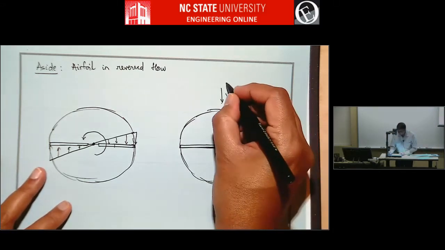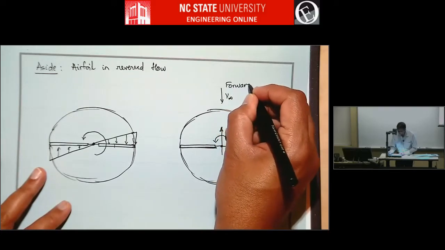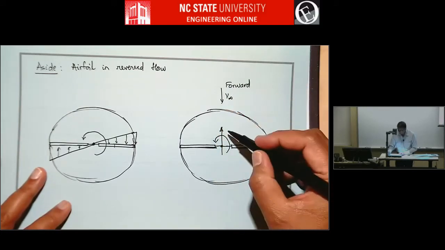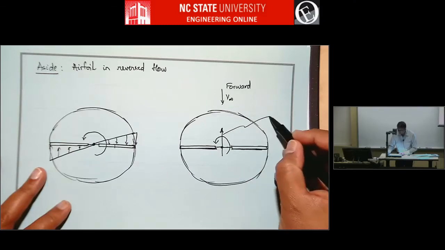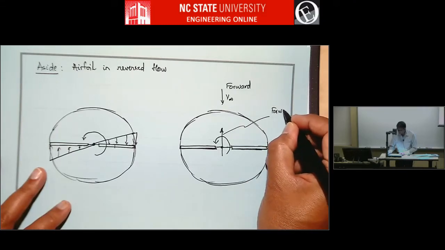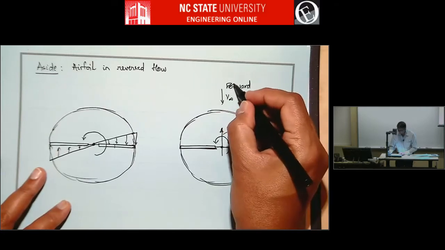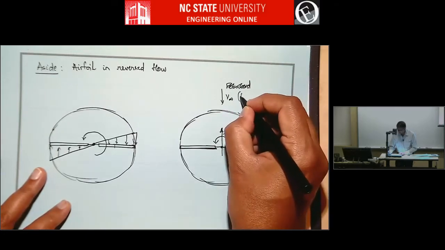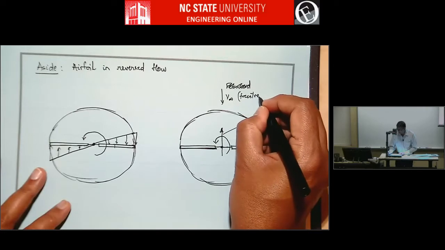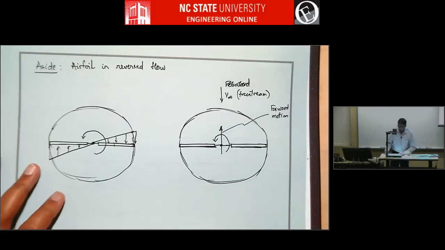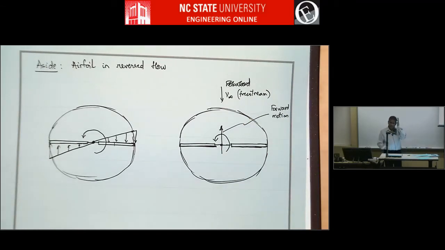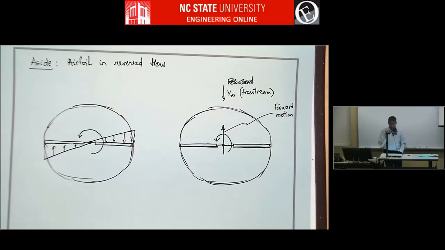So this is forward motion. Well, strictly speaking, this is forward motion. This is what we call free stream. We'll talk more about it if you're not too familiar with it.